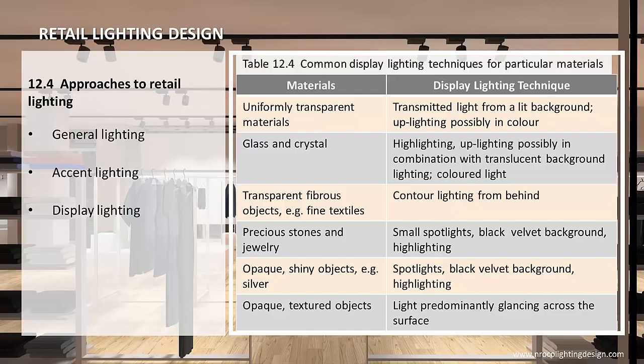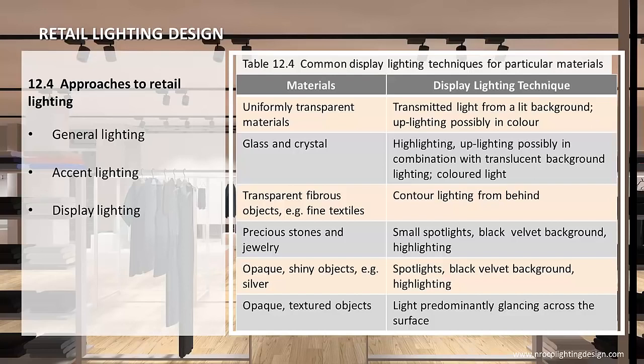For uniformly transparent materials, the display lighting technique is to transmit light from the lit background, with uplighting possibly in color. For glass and crystal, the technique is highlighting, uplighting possibly in combination with translucent background lighting, or colored light. For transparent fibrous objects, for example fine textiles, the technique is contour lighting from behind.